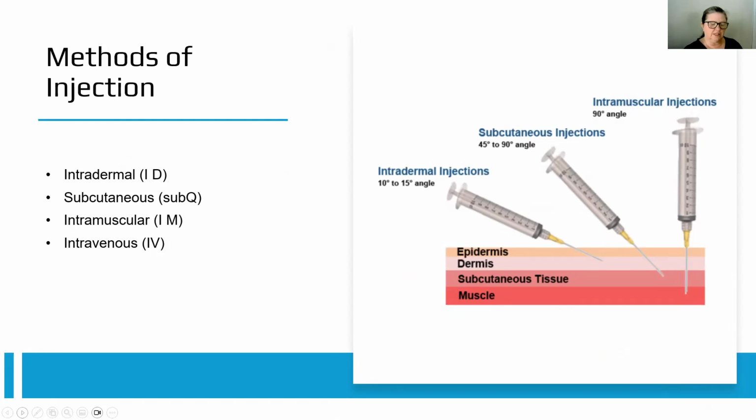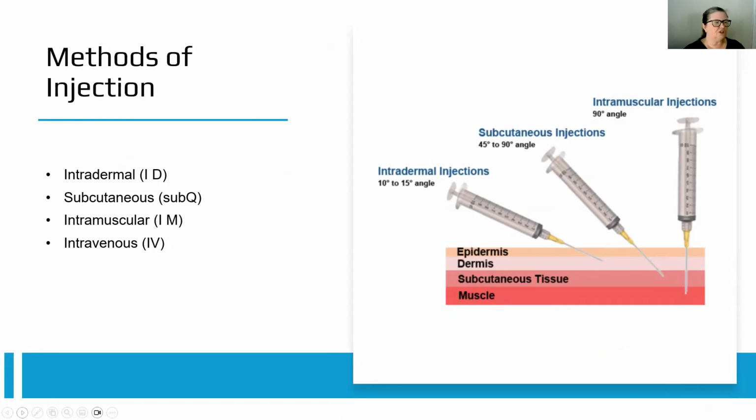They still do skin tests for TB. I feel like that's going kind of by the wayside, but for now we still do it. And allergy shots oftentimes are ID. So there's a few different types of ID injections that you would do, and ID is just under the skin.